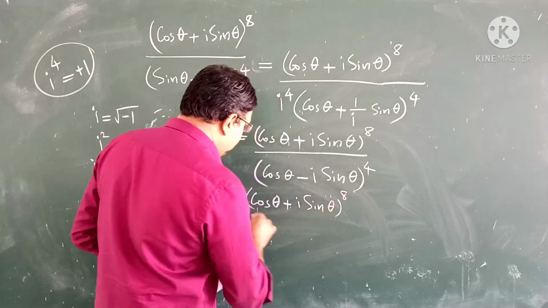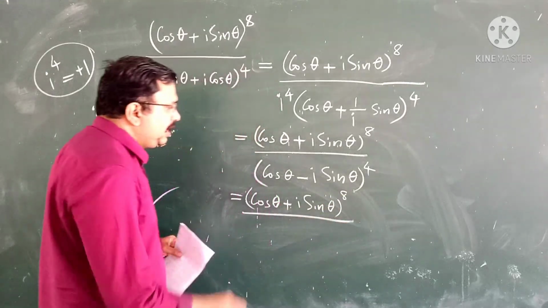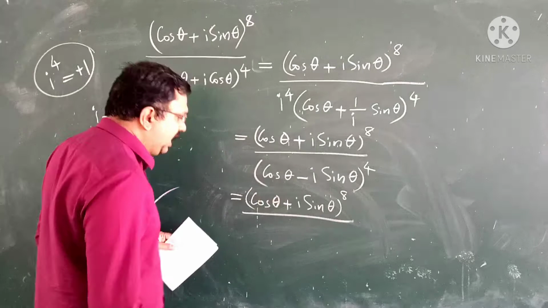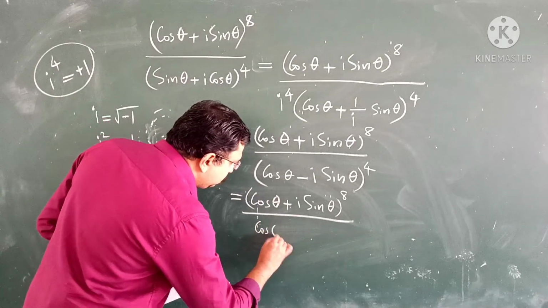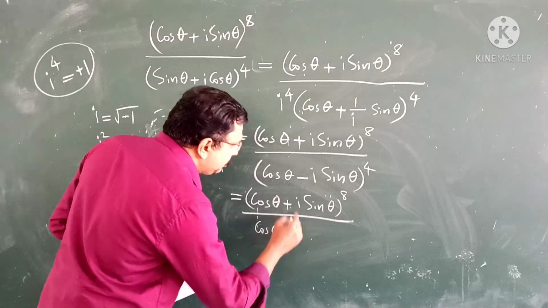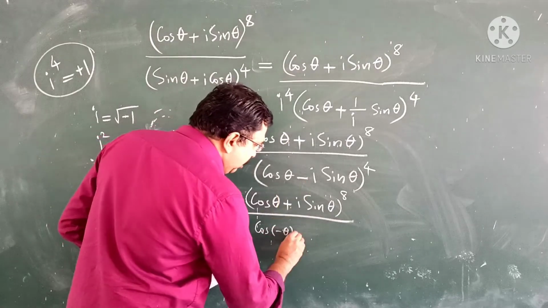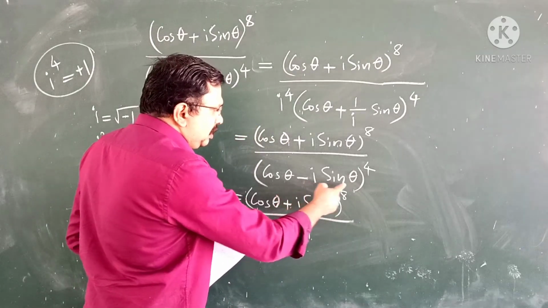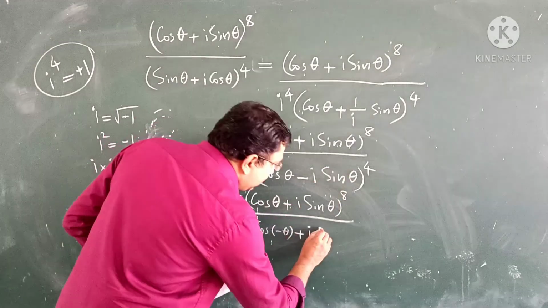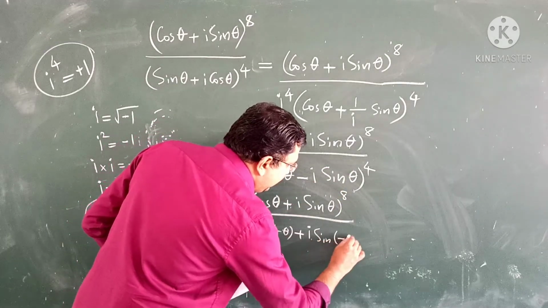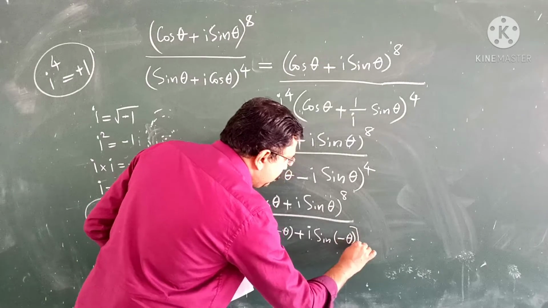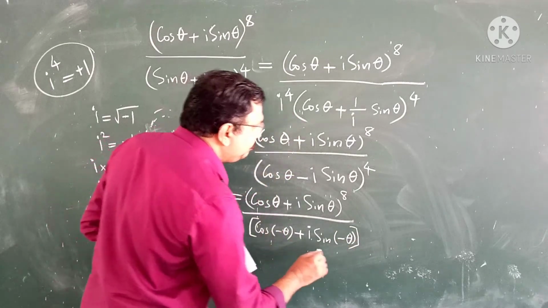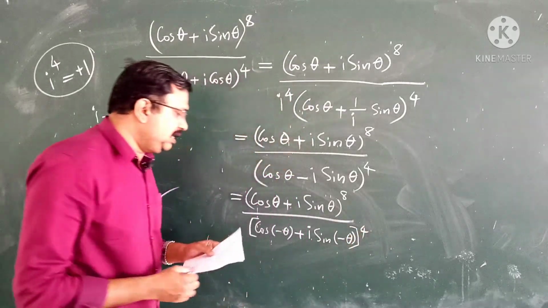Okay, next step, this can be written as, which is equal to (cos theta plus i sin theta) the whole raised to 8 divided by, I am writing cos theta as cos minus theta, then here is plus i into minus is converted to this angle, then it will become sin minus theta, the whole raised to 4. Okay, just listen.